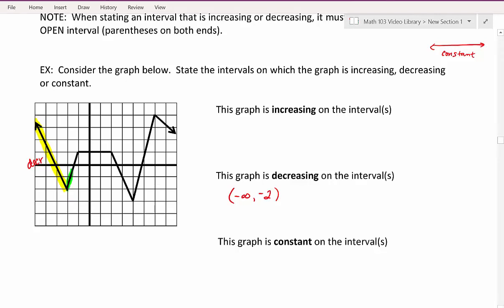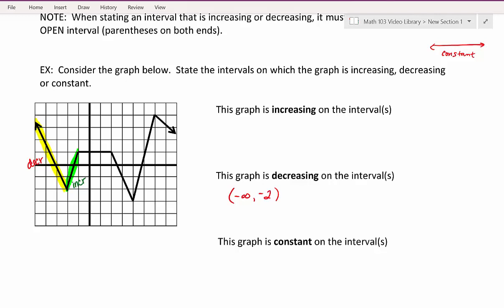Now let's take a look at the next portion of the graph. Is this going up or down as we go from left to right? As we go from left to right, the graph is going up. That means that the graph is increasing on this interval. We now want to write the interval of x values that represents that shaded piece.